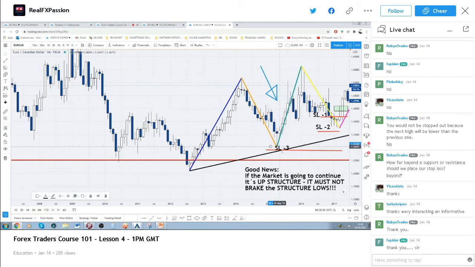Okay, everybody, together. I entered here. I don't believe what FXpassion is saying. I'm testing if the market is going to continue its up structure, it must not break the structural lows. So where is the safest place to put the stop loss? What do you say?